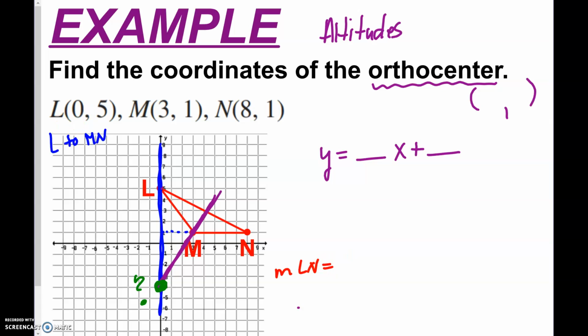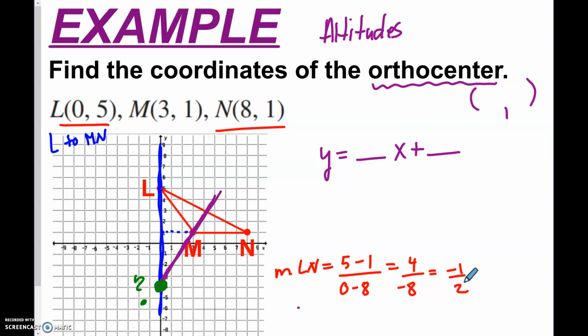I'm going to do 5 minus 1 all over 0 minus 8. 5 minus 1 is 4, and 0 minus 8 is negative 8. So it looks like the slope of LN is negative 1/2.